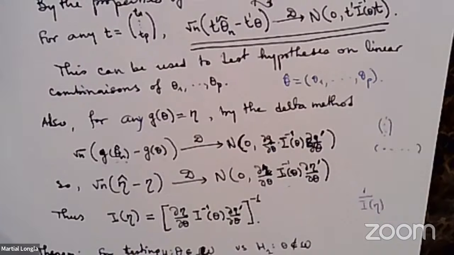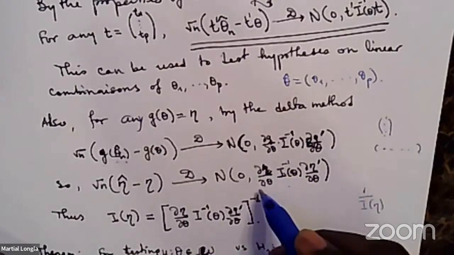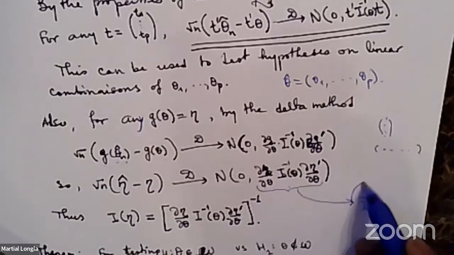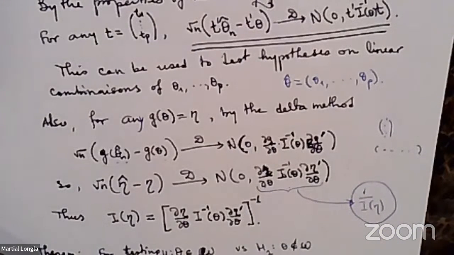Square root of n times theta hat minus theta converges to normal 0, 1 over I of theta. We did that, right? And so here I'm changing the parameter from theta to eta, because this is what my parameter is now. So if this is the parameter, then this variance here has to be, according to what we did before, 1 over I of eta, the Fisher information of eta. Do we agree?